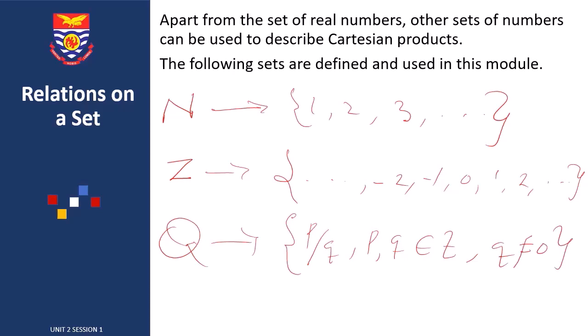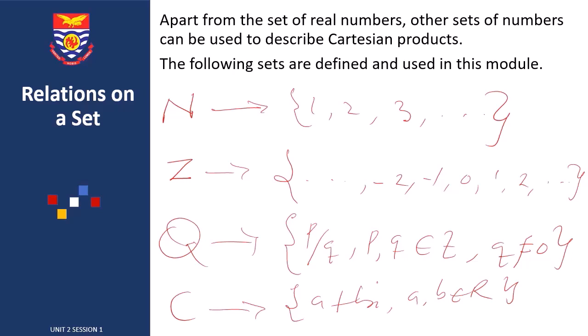Then we can also talk about complex numbers, denoted by C. We write a complex number as a + bi, where both a and b are members of R. They are all real numbers, and that is a complex number.